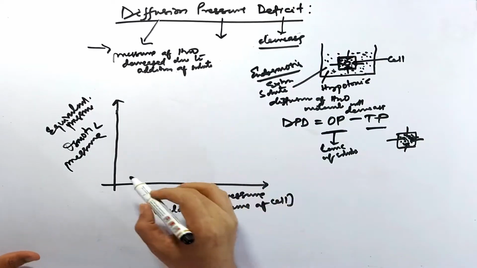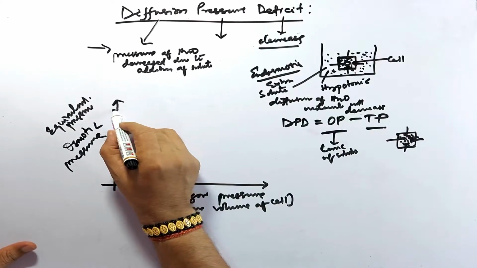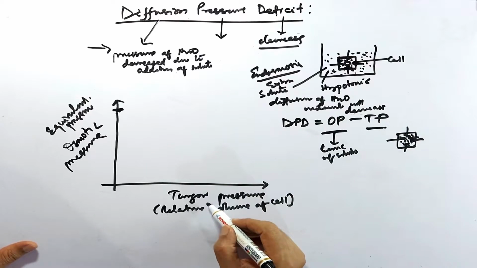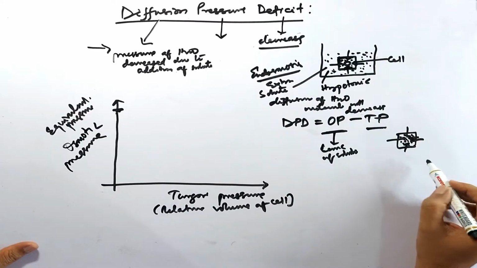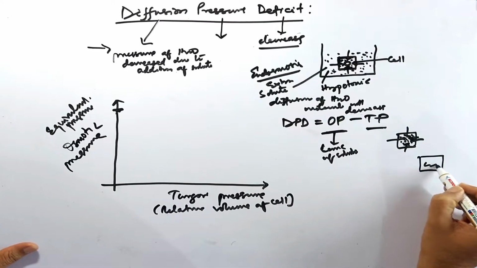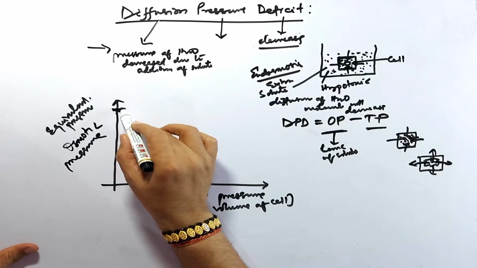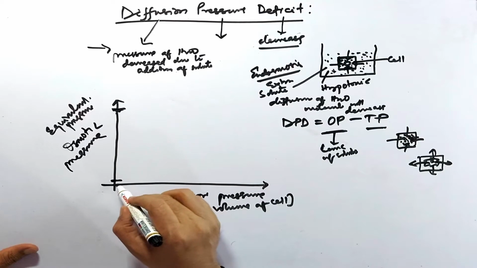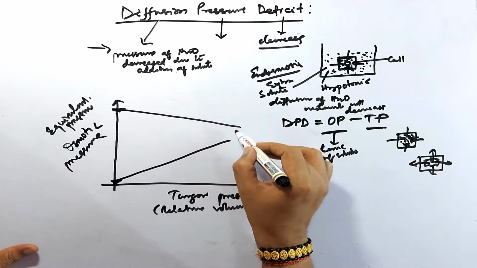When we consider the cell at the time of high osmotic pressure, the turgor pressure is very low because very little water is inside it. We can call it the plasmolyzed stage, meaning full shrinkage, where total water is removed. So the osmotic pressure is very high and the turgor pressure is very low. We can draw this type of graph, you see.